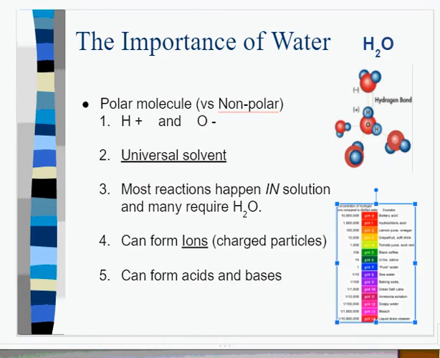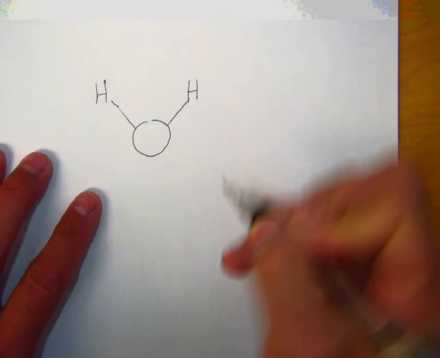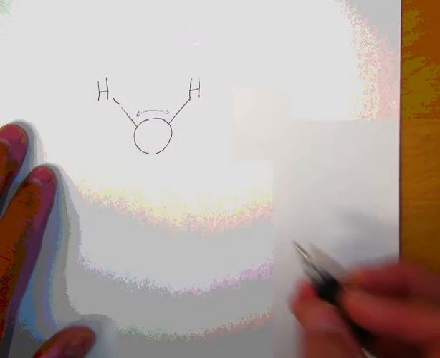So the oxygen is bonded with a hydrogen, and there's a pretty specific angle that forms between here. It's 107 degrees, I believe, 107 point something. But the hydrogen has one electron that buzzes around it.